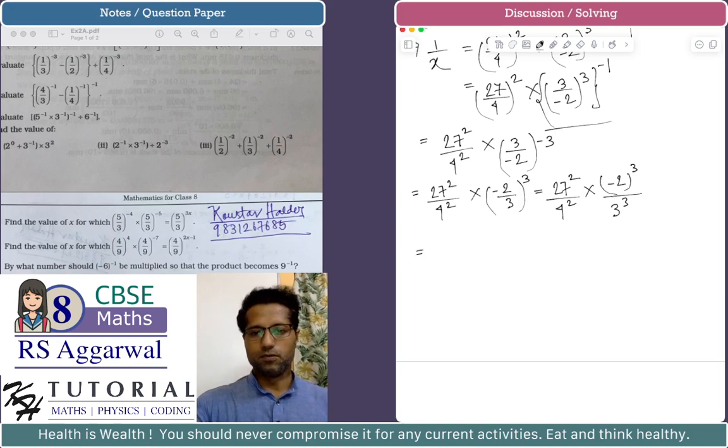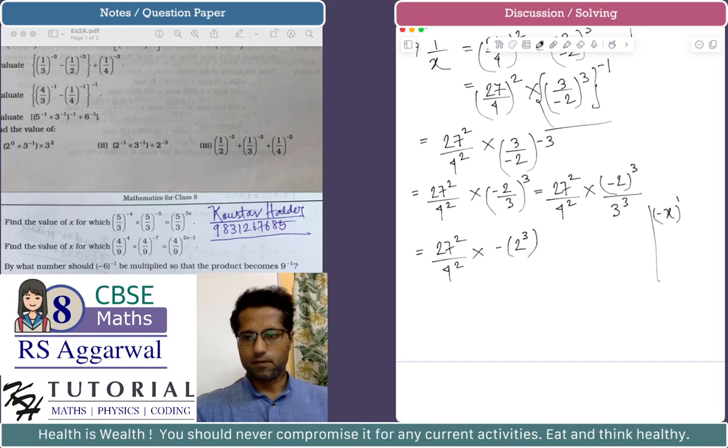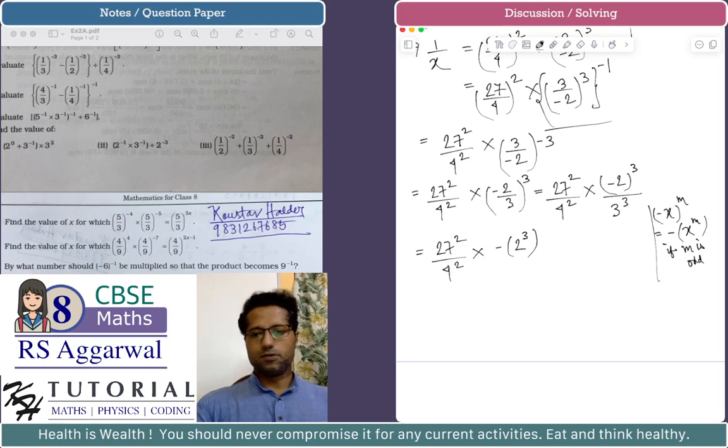Now minus 2 raised to the power 3 is negative of 2 raised to the power 3, because the power 3 is an odd number. So we know that minus x raised to the power m is equal to negative of x to the power m if m is an odd integer. So this is divided by 3 cube.